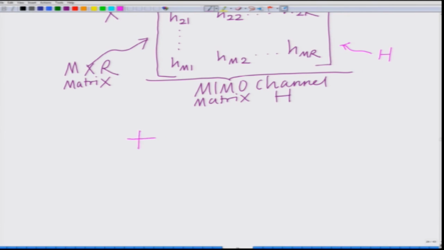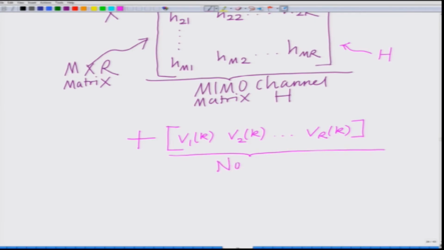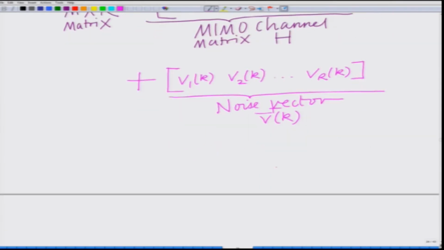v1k, v2k, so on up to vRk. This is the noise vector v bar transpose of k, and you can clearly see, this is obvious, you have R receive antennas, so you have R noise samples.